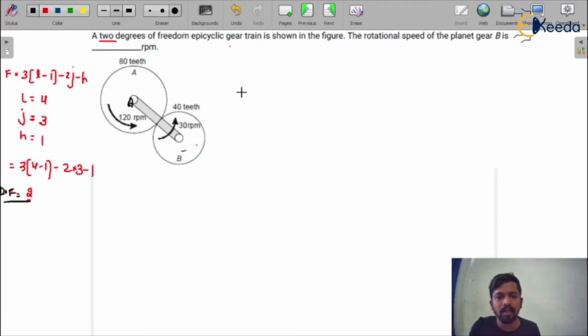Now how do we solve the epicyclic gear train problem? I'm just showing you. You have to draw the blocks. One block with the arm is having 0 speed.